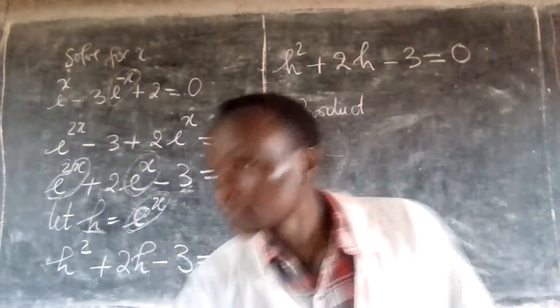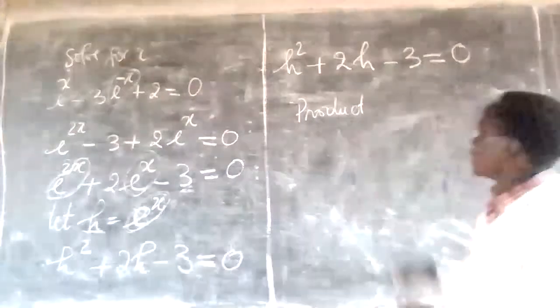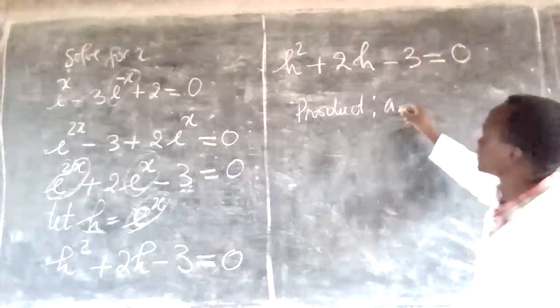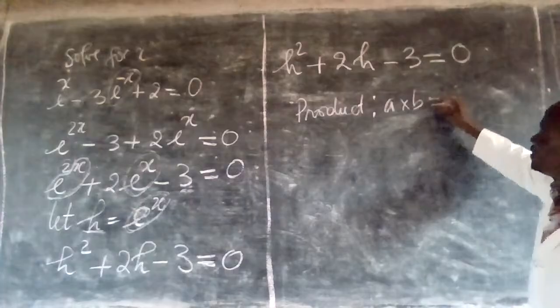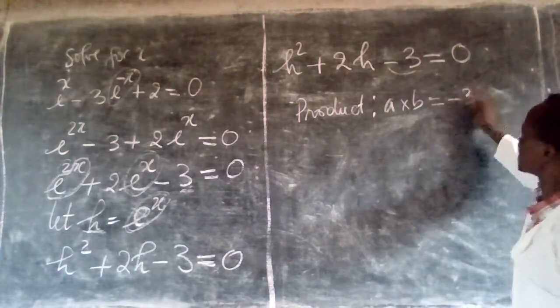Firstly, let us take the product of two numbers, A times B. It will be equal to this number, minus 3.